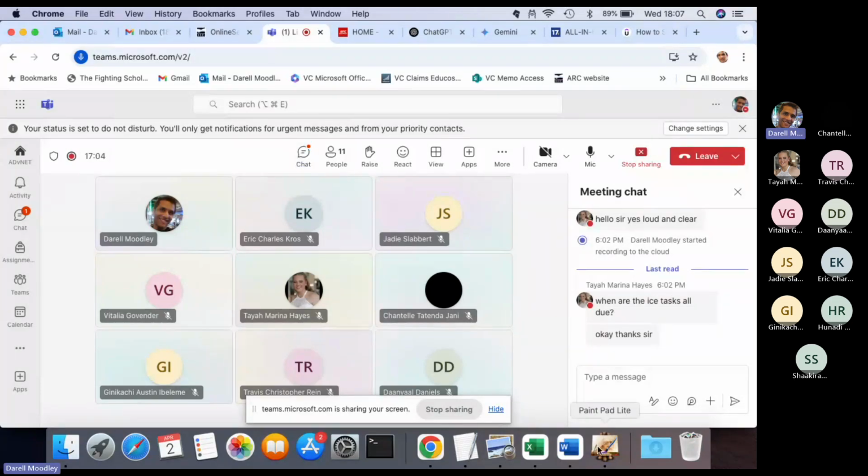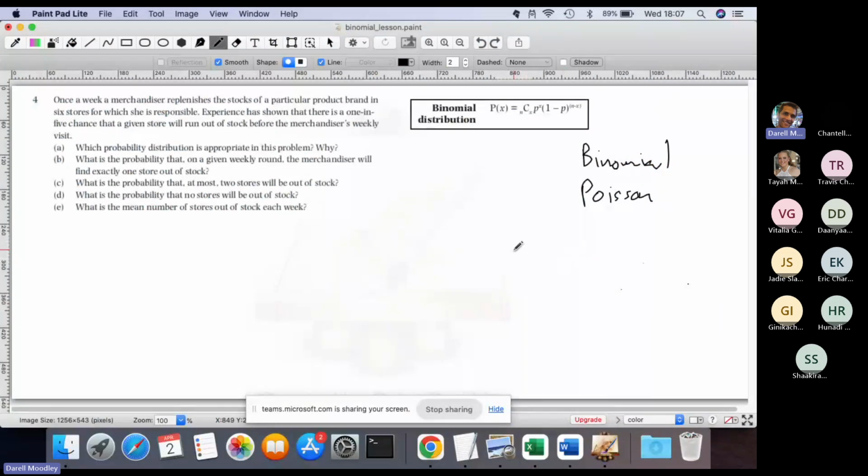Okay, let's get back to the whiteboard. Let's look at this problem to help explain these probability distributions. The problem says: once a week, a merchandiser replenishes the stocks of a particular product brand in 6 stores. I'm going to underline certain values because we're going to come back to them.